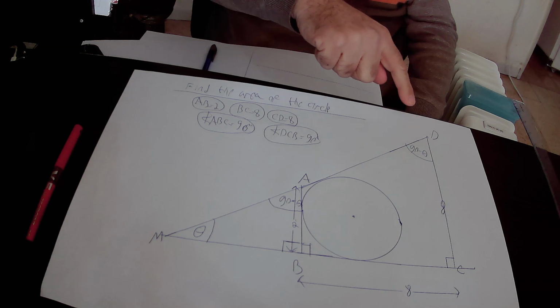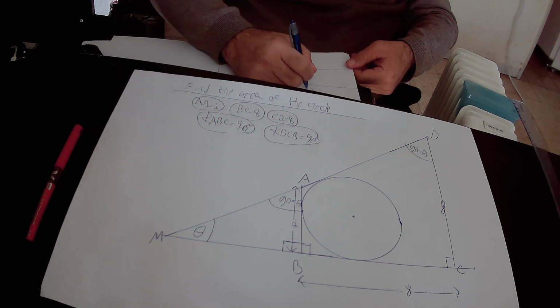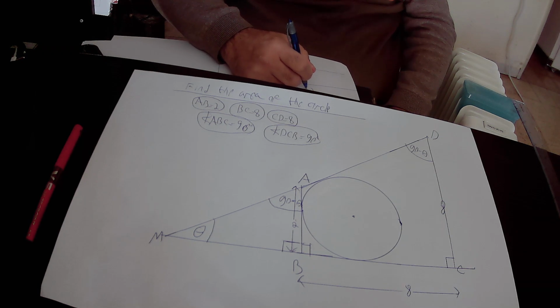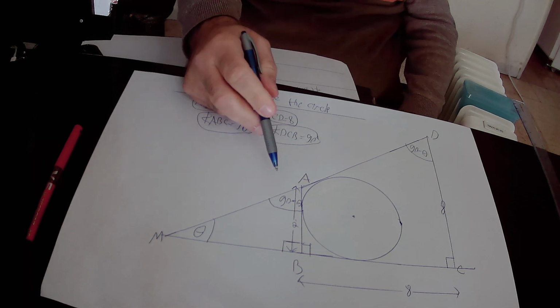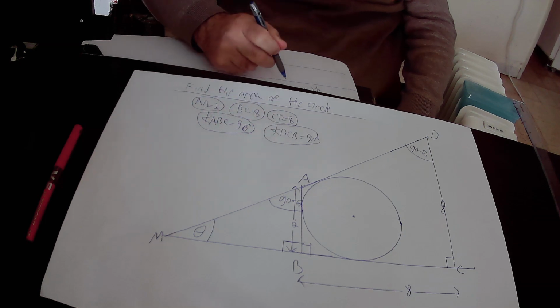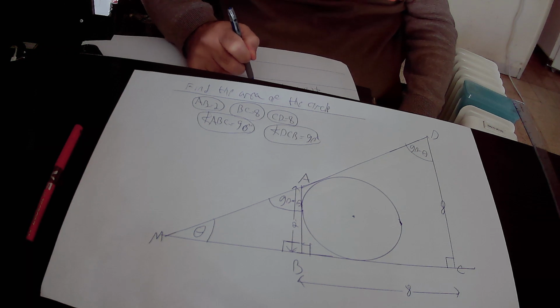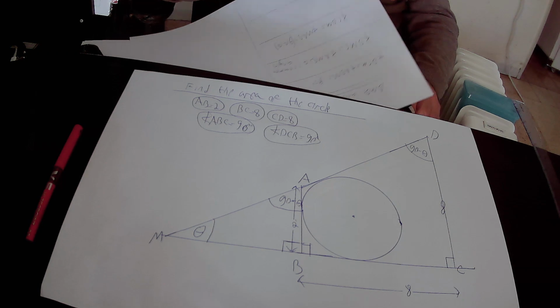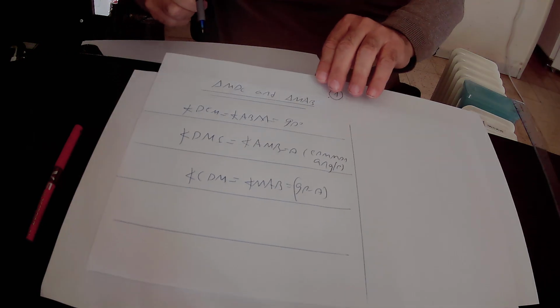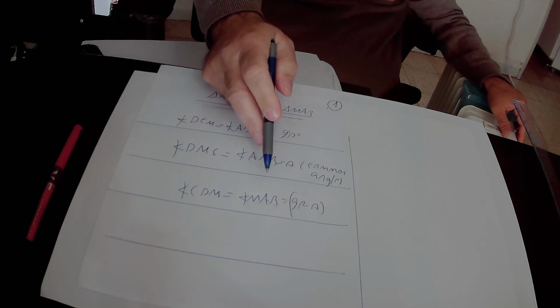This is angle CDM in the big triangle, and it is equal to this angle, angle MAB in the small triangle. Repeat again. Angle CDM equals angle MAB. They are both equal to 90 degrees minus theta, therefore they are equal to each other.